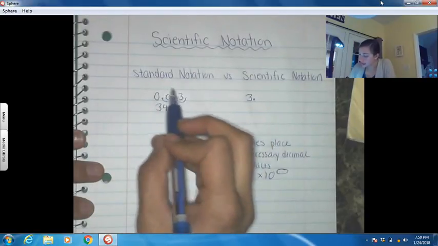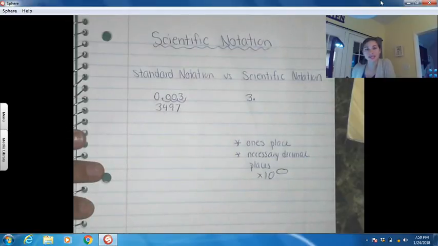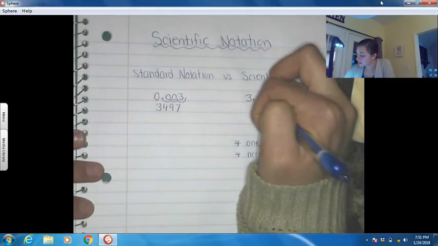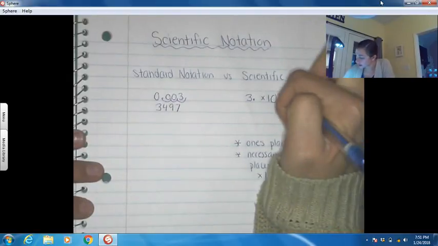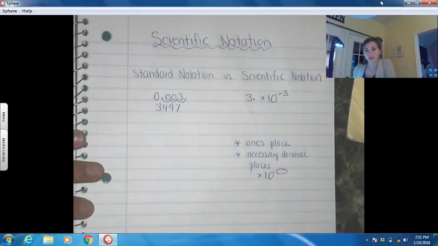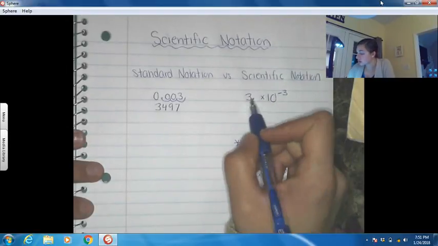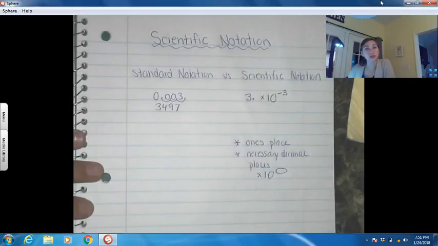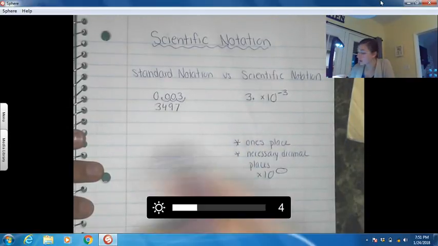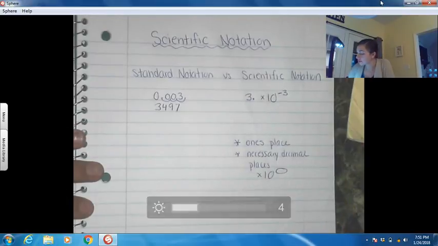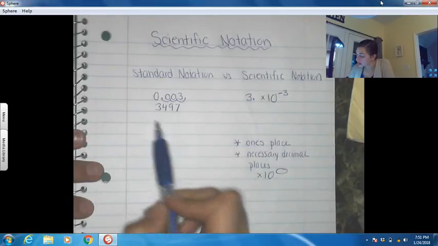Because this number is less than 1, our exponent is going to be negative. And since we moved it over 3 times, it's a negative 3. So here we have 3, and we don't really need the decimal since we're not putting any numbers to the right of it, times 10 to the negative 3.